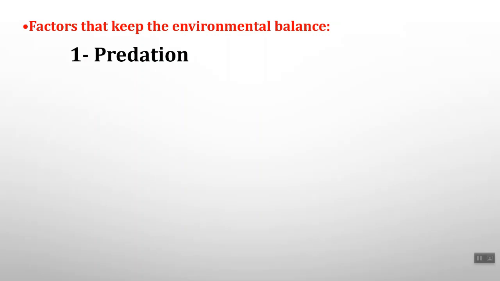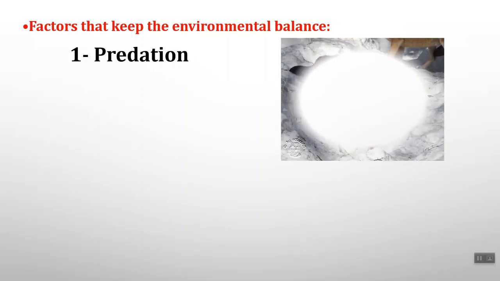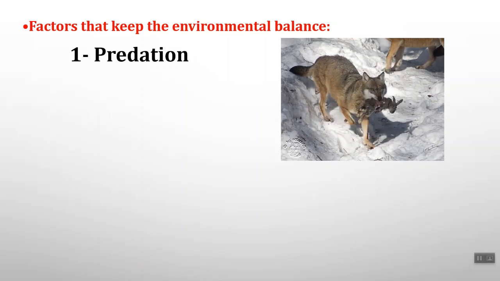First, do you remember what the predation is? The predation is the relationship between two living organisms in which one of the living organisms devours the other. This is the predation. Why does the predation keep the environmental balance?